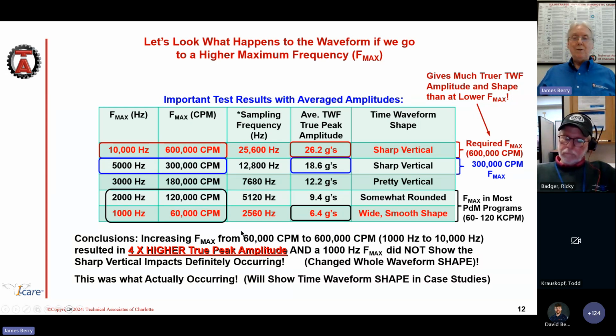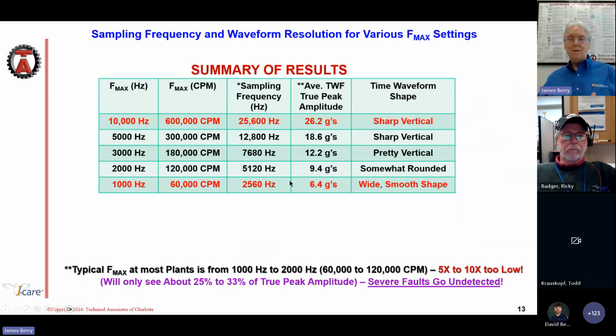The amplitude just dropped by a tremendous amount. If you looked at this 60,000 CPM F max, 1,000 hertz, we looked at 6.4 Gs. Up here it's 26.2 Gs. That is 4 times higher amplitude in reality than we were seeing. 4 times higher. Wow. Does it make a difference where your F max is? Absolutely. In terms of amplitude and shape.